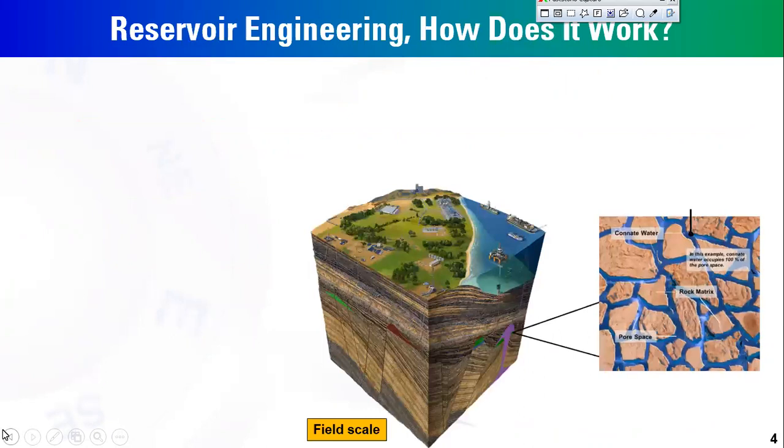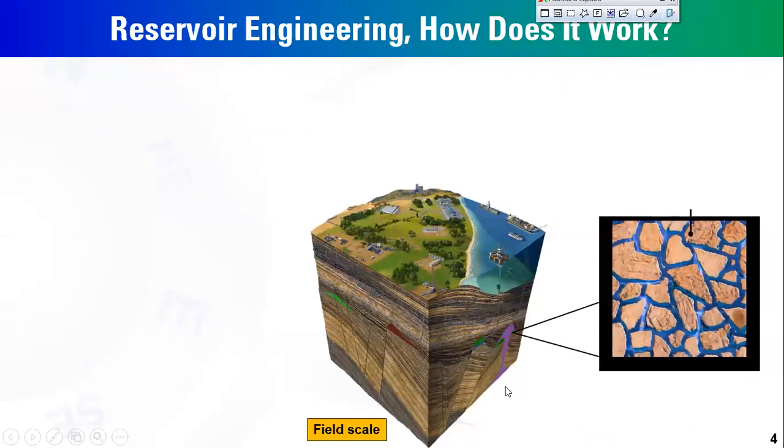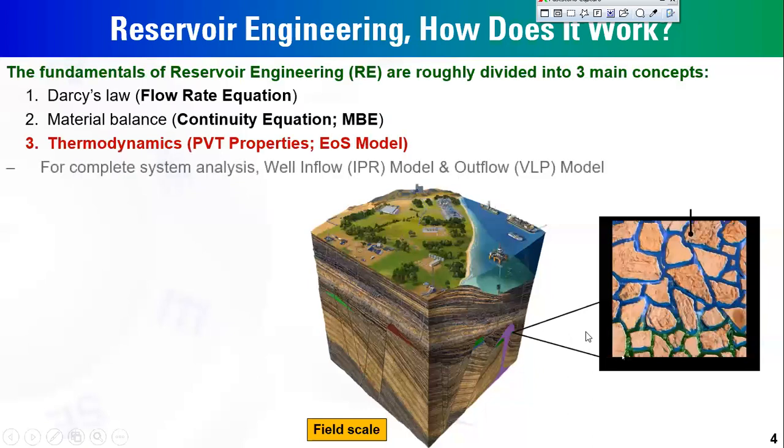So again, how does it work? Actually, in the subsurface, we have two major components: the rock grains and pore spaces.